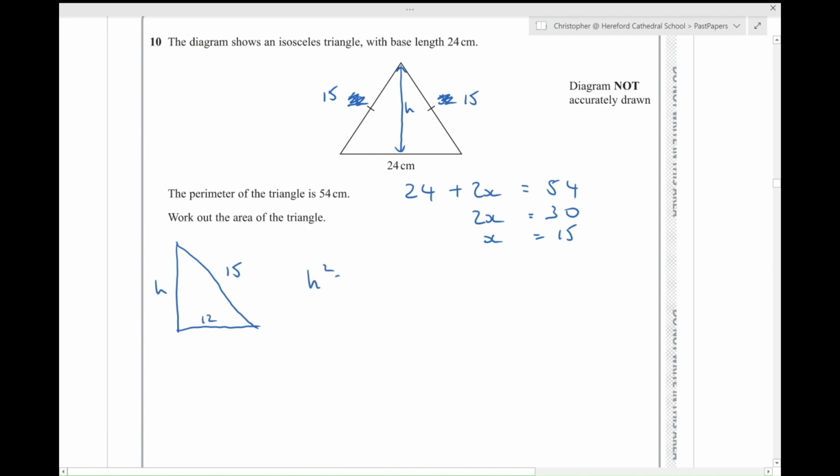So the height squared, using Pythagoras, is 15 squared minus 12 squared, which means that the height squared is 81, so square root that, and the height is 9. All right, so the area of the triangle is the base times the height divided by 2. And I can put that in my calculator, and I get the answer, 108 square centimetres. And that is question 10 done.